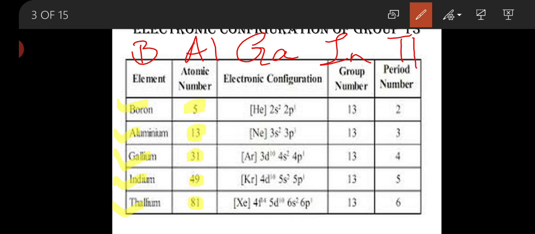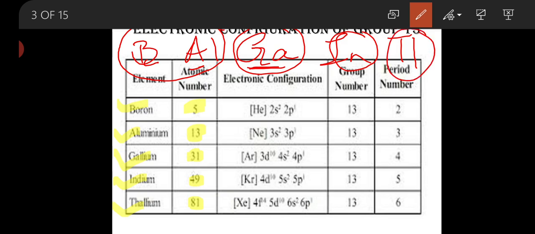How to remember this? There is a simple trick. We can say BAL, then G for gallium, In for indium, and Tl for thallium. Here BAL is boron and aluminium, G is gallium, In is indium and thallium is Tl.